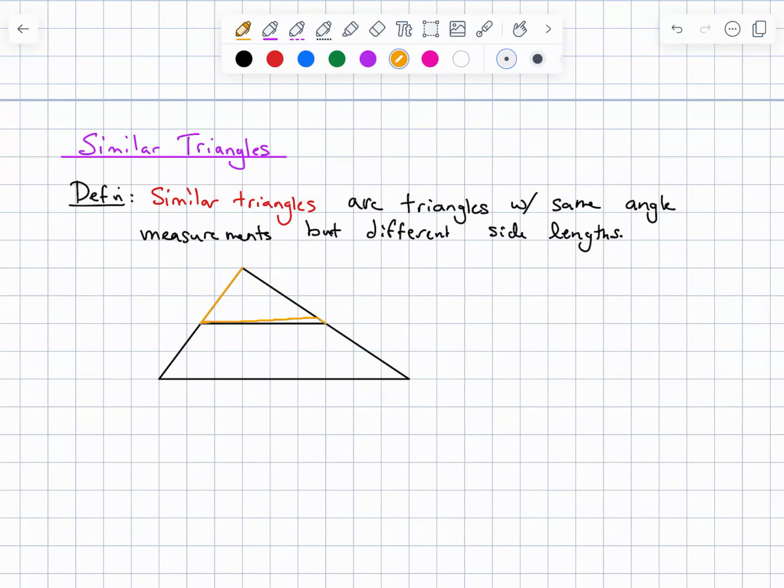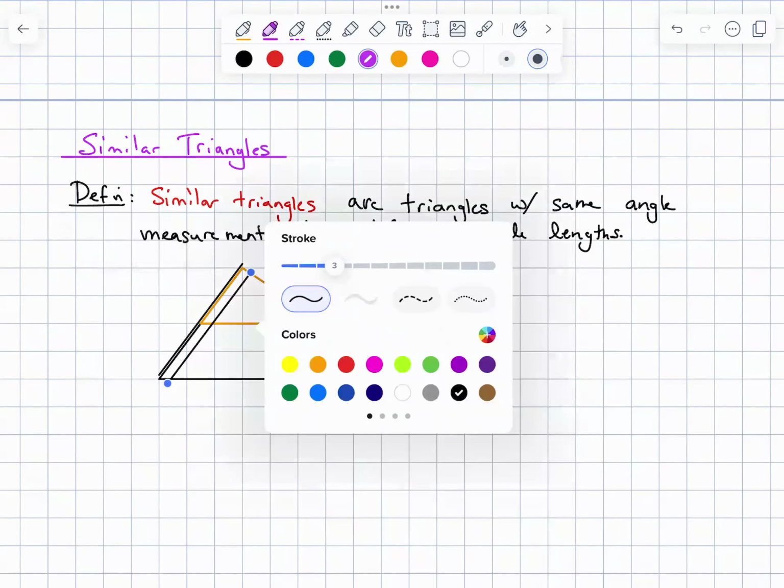Come on, that's a straight line. And then there is the triangle at large. There, change that to purple.